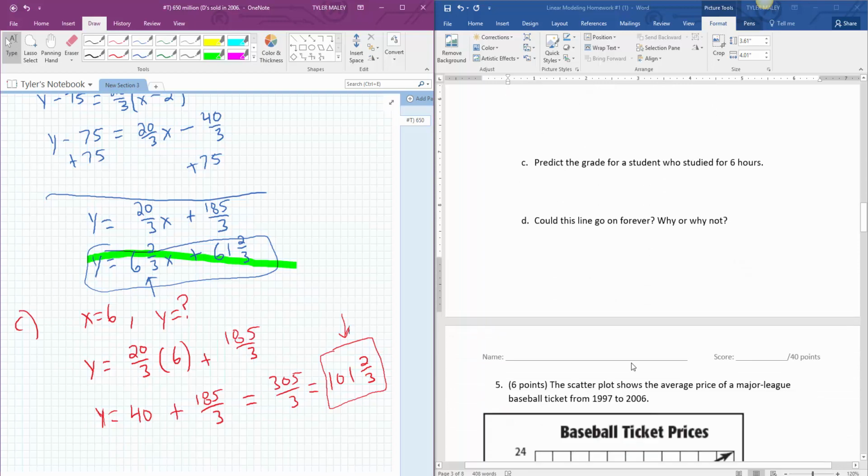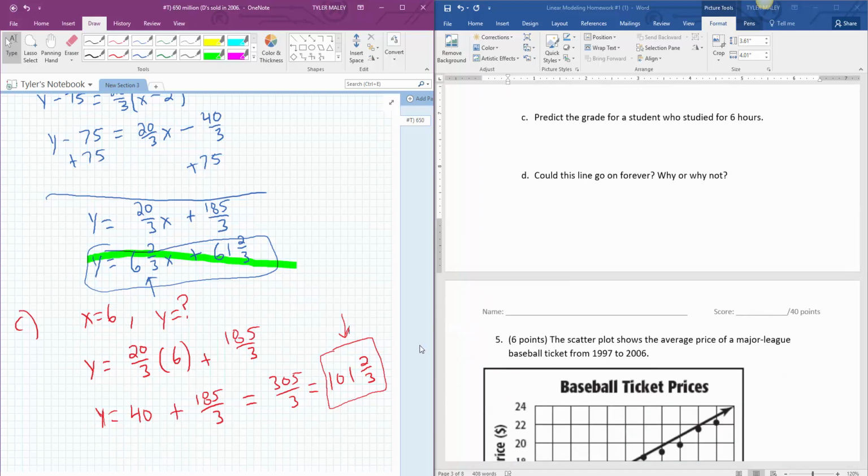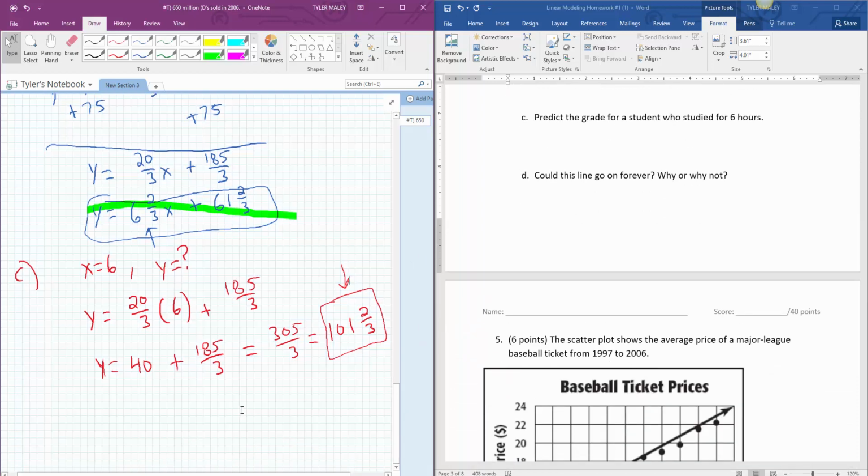So then part D says, could this line go on forever? Why or why not, right? So for part D, we would say no, this line cannot truly go on forever.